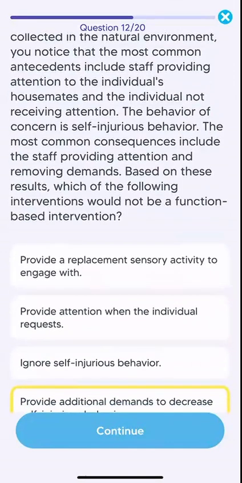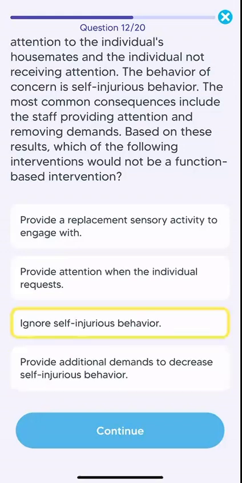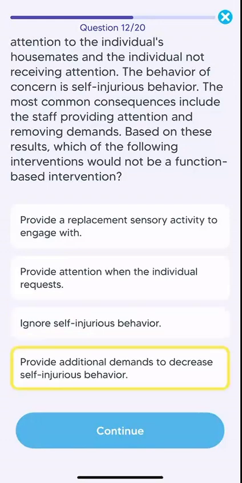The most common consequences include staff providing attention and removing demands. Based on this result. To engage with, provide attention when the individual requests. Ignore, this is not, and this is not. This is not.